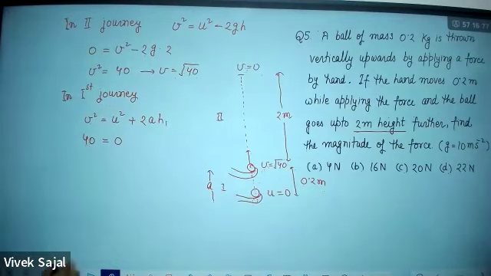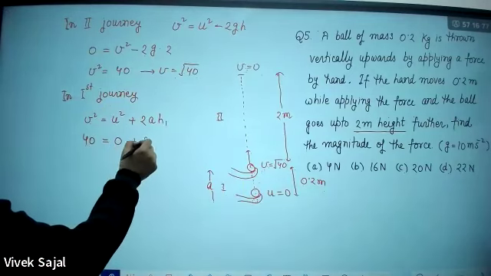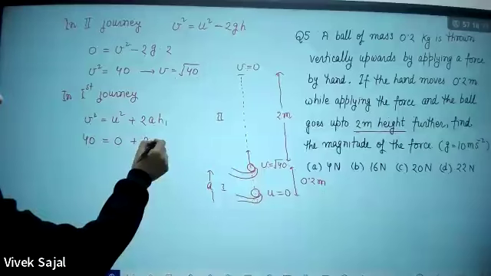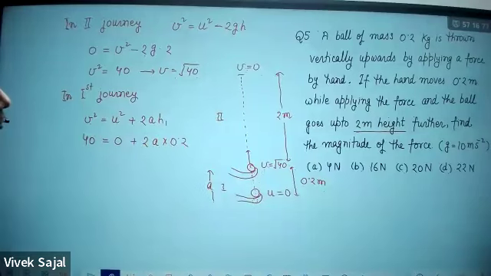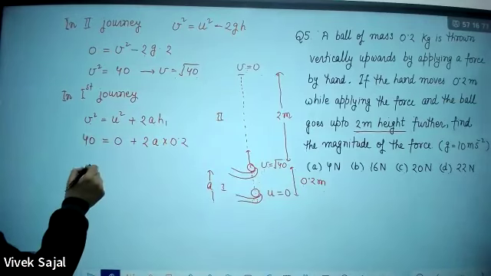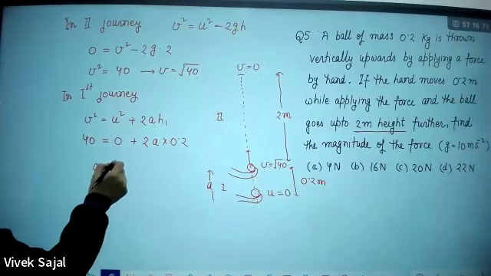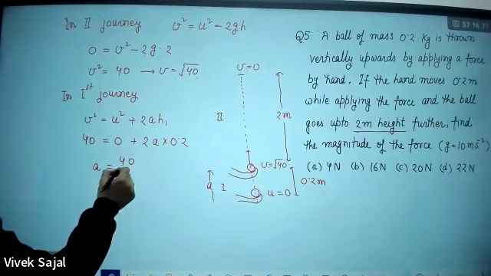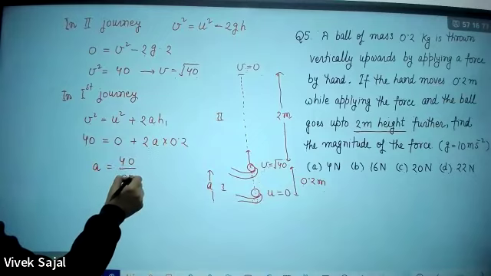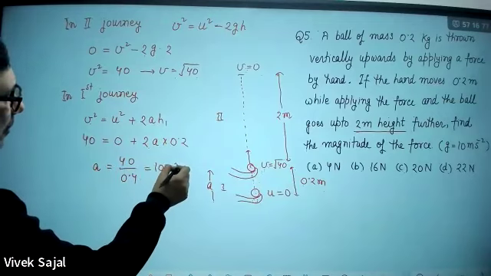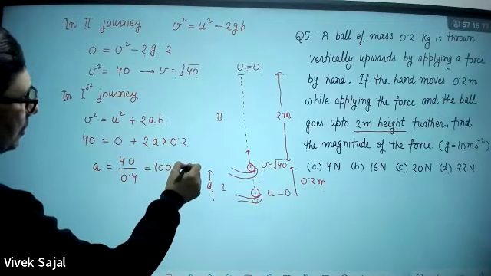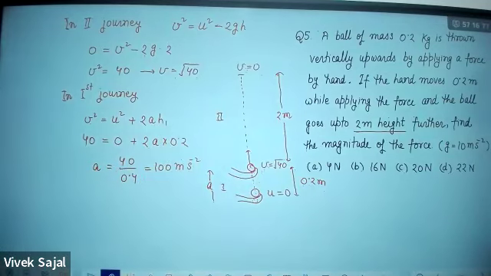So 40 equals 0 plus 2 into a into 0.2. So this is 0.4, so a will be equal to 40 upon 0.4. So that will be 100 meter per second square. Is it okay up to this point?